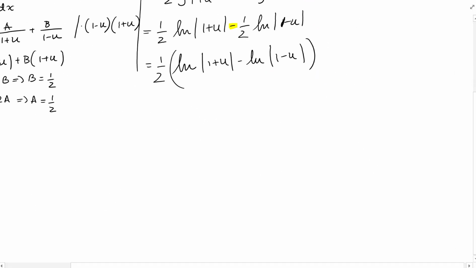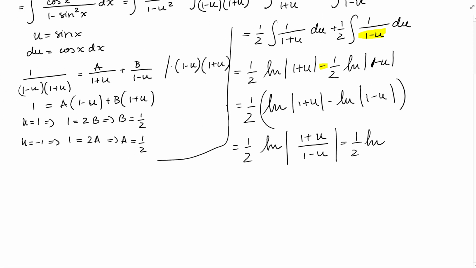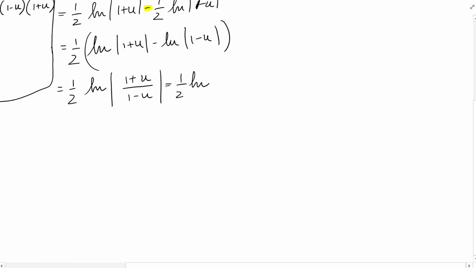We know from properties of logs that ln of a minus ln of b is ln of a over b, so it's 1 plus u over 1 minus u. And we're going to use the substitution back. u equals sine of x, so we get ln of 1 plus sine of x over 1 minus sine of x.